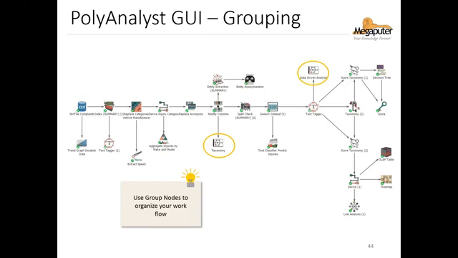Now, another organizational technique for the flowchart is to rename the nodes and group nodes. This is because the default way nodes and group nodes are named in PolyAnalyst is often just the base name of the type of node, and sometimes with a number appended to the name if there's more than one of that same type of node in the project.